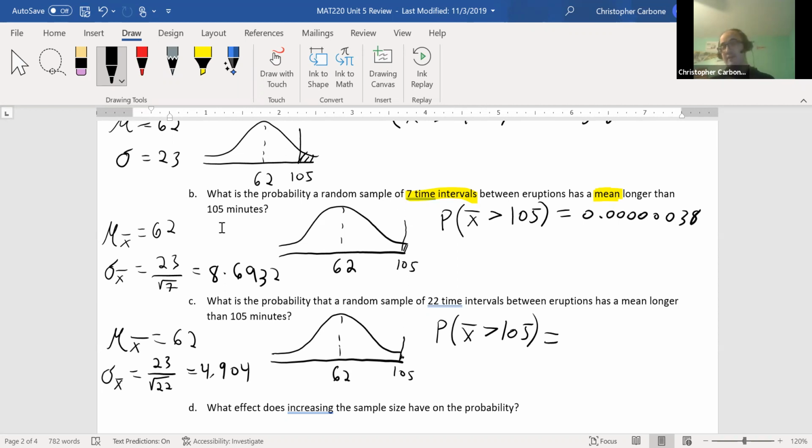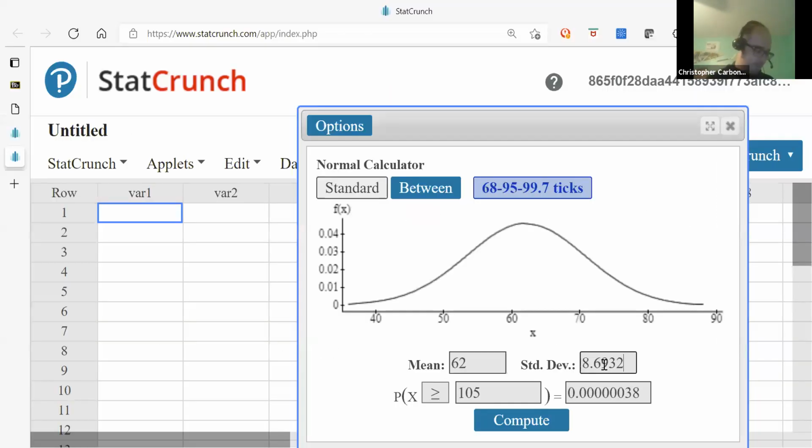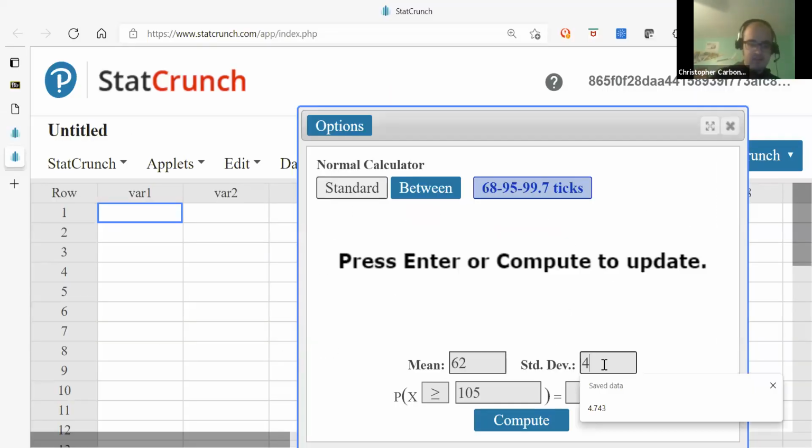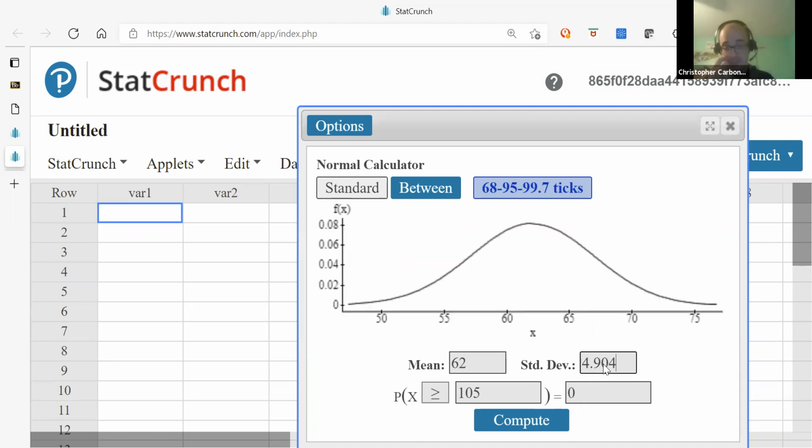So once again, we need to update that standard deviation in StatCrunch. Let's do that. 4.904. This gives us so small of a standard deviation. It doesn't even want to round it for us.